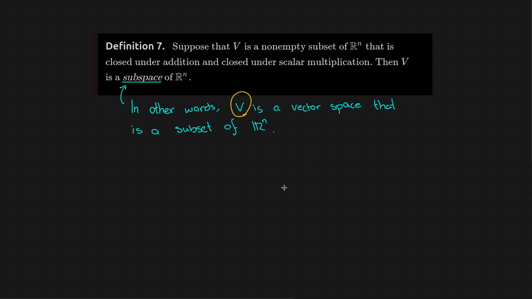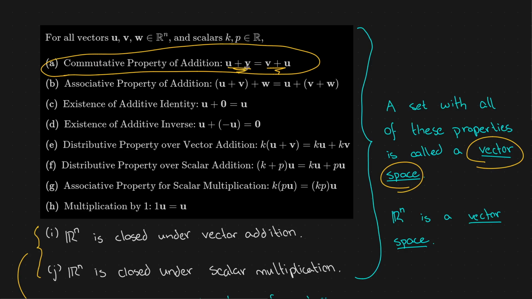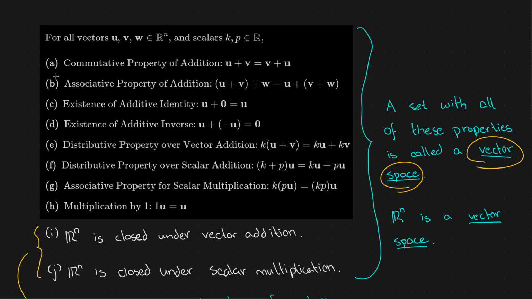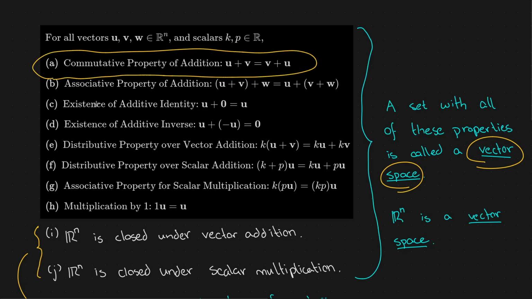Which means if I take any two vectors in V, they must also be commutative when I add them together because any two vectors in V would also be vectors in Rn. So this property automatically holds for a subset of Rn because it holds for Rn.